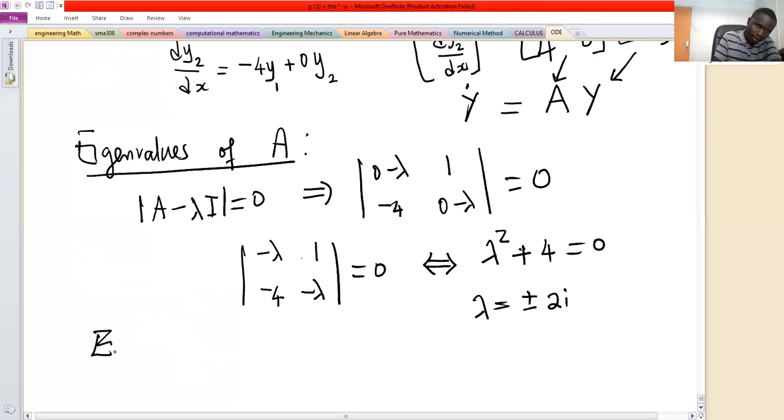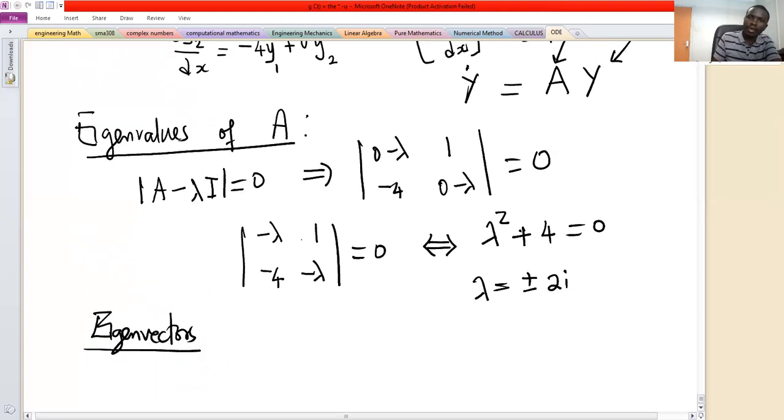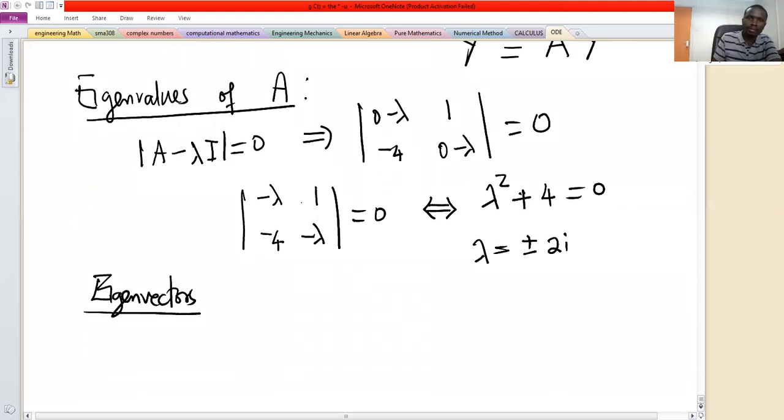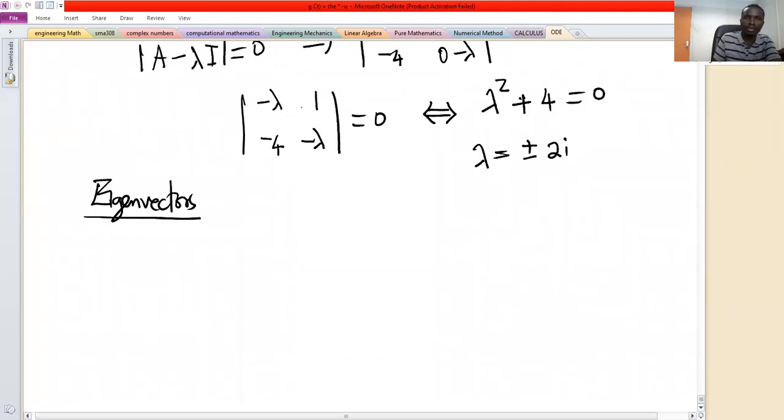So eigenvectors is the next step. For the complex eigenvalues, it's easy to find eigenvectors because just picking one of the eigenvalues will result into the two eigenvectors. So let me pick the positive eigenvalue, which is 2i.